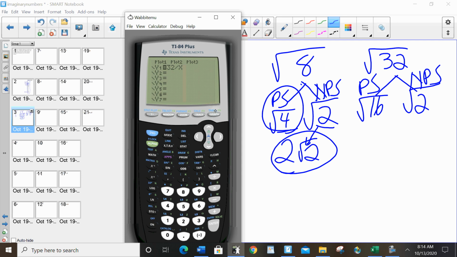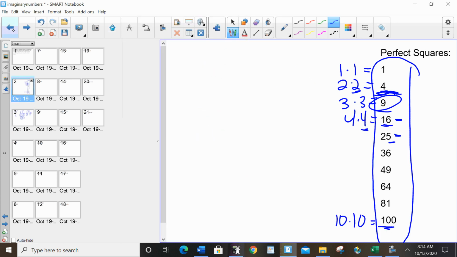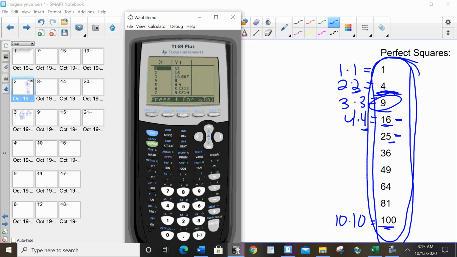Then I go to my table. Now, what I'm looking for is a number on my perfect square list. So I'm looking for a number on this list that's in my y column, and I'm looking for the largest number on that list. So 32 is not on the list, 16 is, 16 and 2. So that's how you can use the calculator to help you.